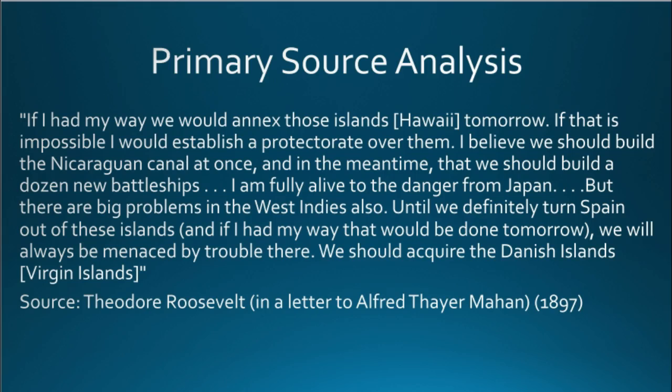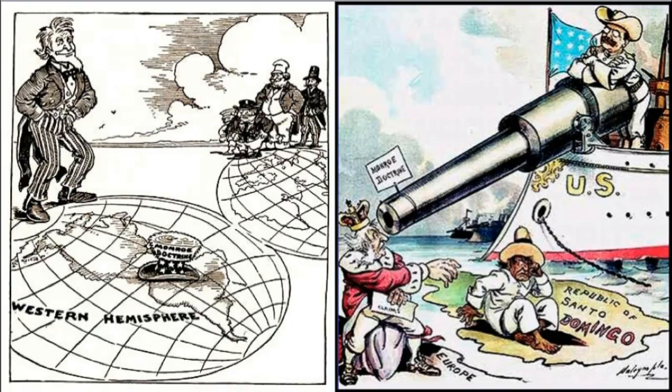So Theodore Roosevelt believed the opposite. Theodore Roosevelt wanted to go into the world and take over places, annex Hawaii, annex the Danish Islands, build a big navy, and become a world power. And as president, he is going to implement those tactics. He's going to add to the Monroe Doctrine.